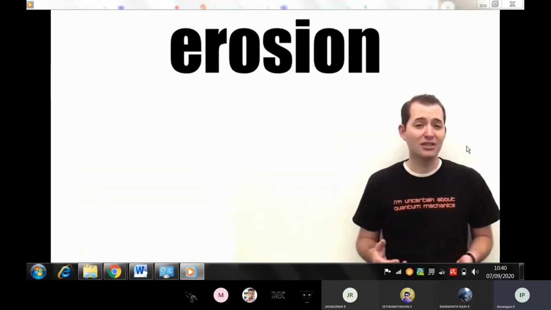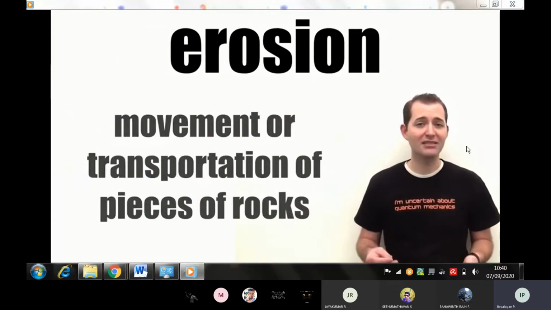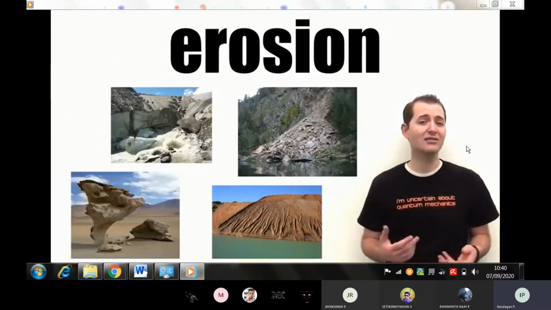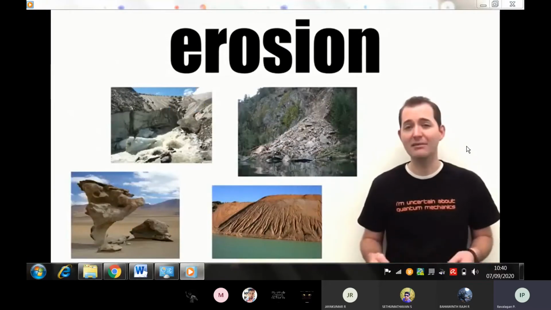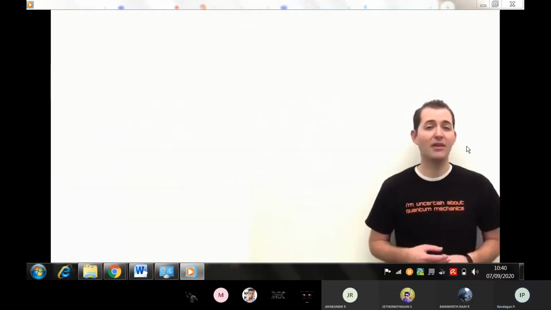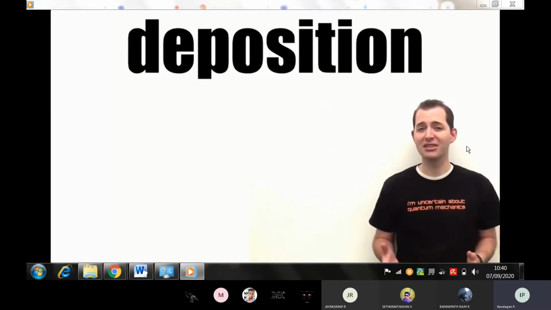The next step is erosion. Erosion is the movement or transportation of the pieces or clasts of rocks. Again, there are lots of ways that rocks can be moved, such as wind, water, ice, or gravity. And these two steps, weathering and erosion, often take place at the same time. The third step in the process of forming a sedimentary rock is deposition.